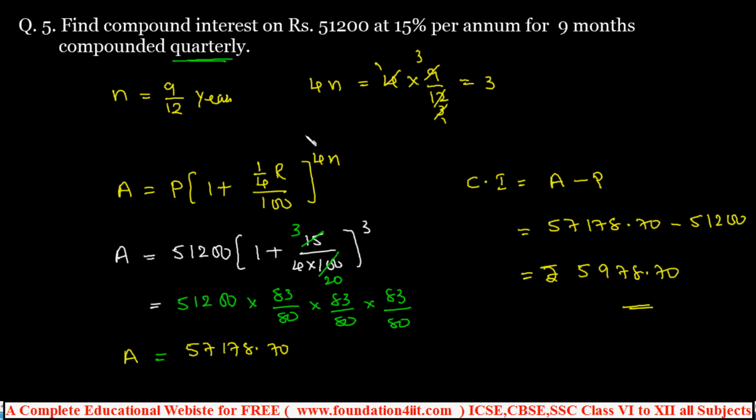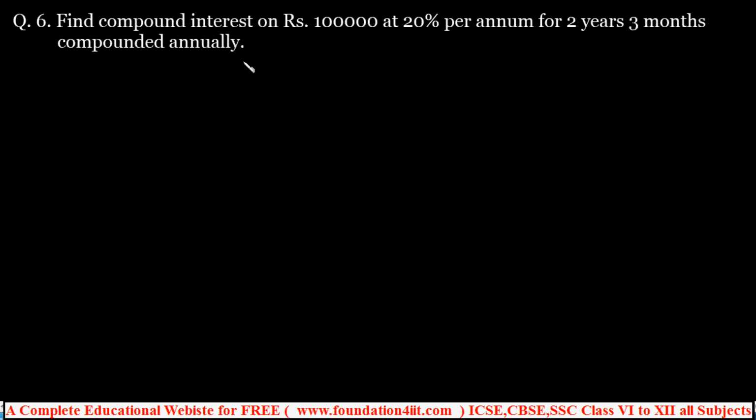You can use this. Let us see one last problem with this same compound interest, but where they give years and months combined. So in this problem, the compound interest on 100,000, so 1 lakh, at 20% per annum for 2 years 3 months compounded annually. But here if you observe, time is the only important thing, so they gave the combination.